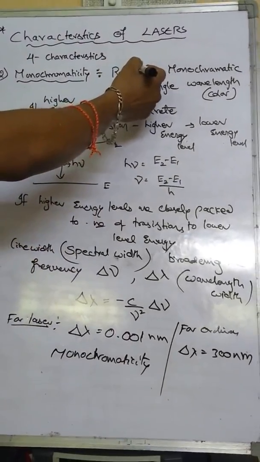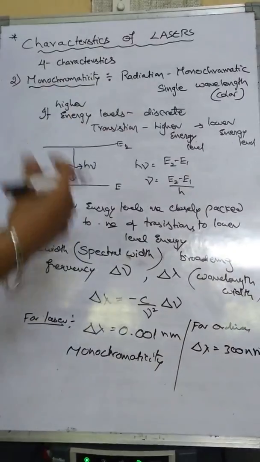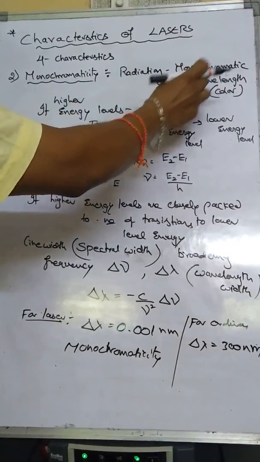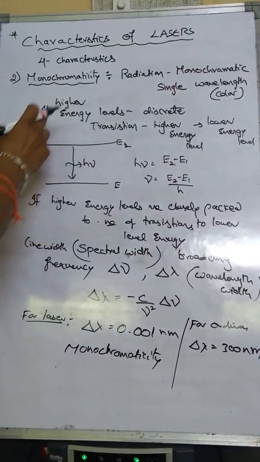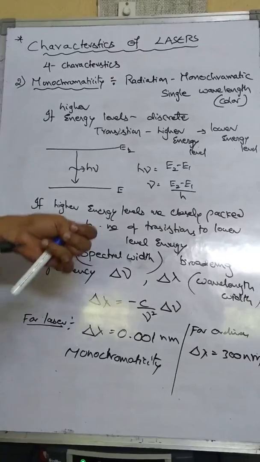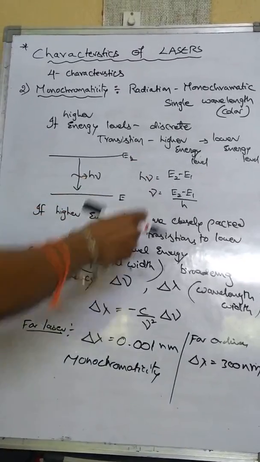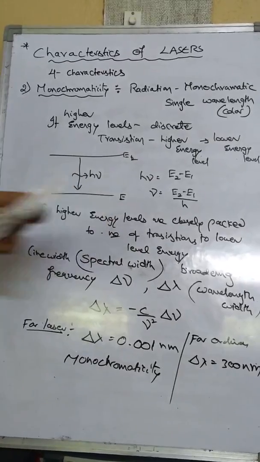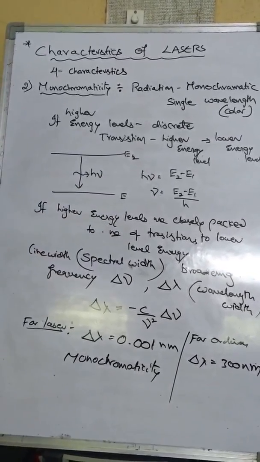Let me recall some important points. Radiation that maintains monochromaticity possesses a single wavelength, that is, a single color. If the higher energy levels are discrete, the transition will be from a higher energy level to a lower energy level, and the photon frequency is nu equal to (E2 minus E1) by h, a single frequency.